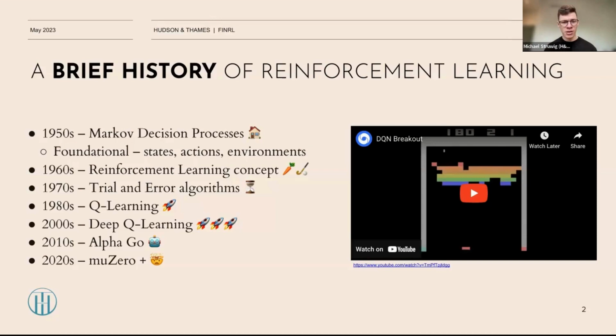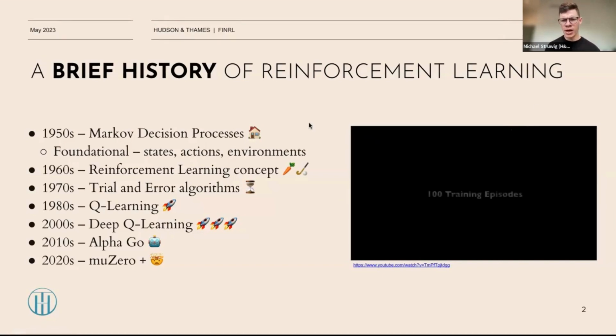There's a great documentary that's freely available for when DeepMind did this, so you should go check that out. And this has been generalized into a model called MuZero, where it doesn't even have to know the rules of the game. It can generalize to almost anything, not just the game of Go. And it's quite incredible.